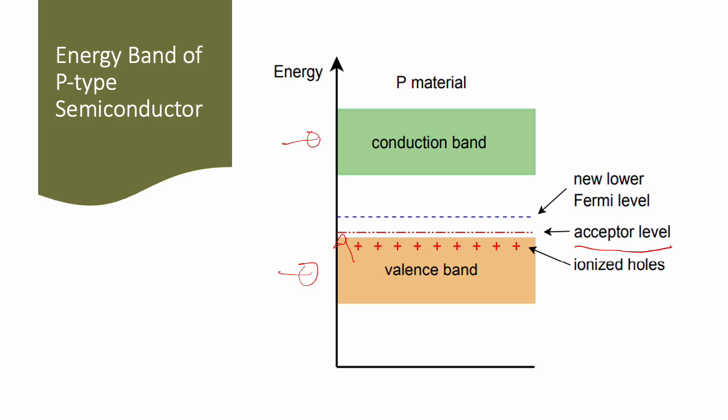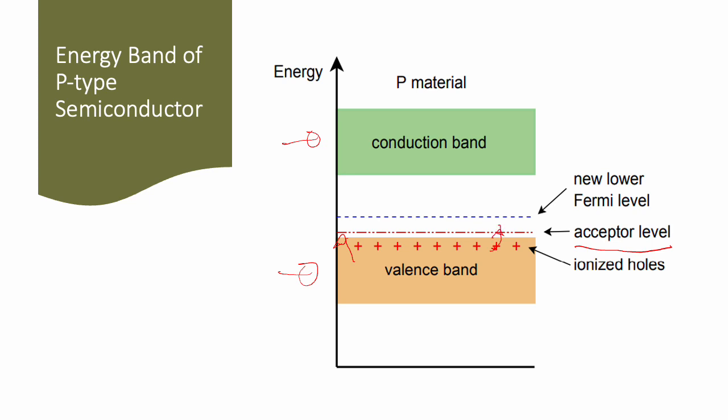And these positively charged acceptor ions create localized energy states in the band gap just above the valence band.